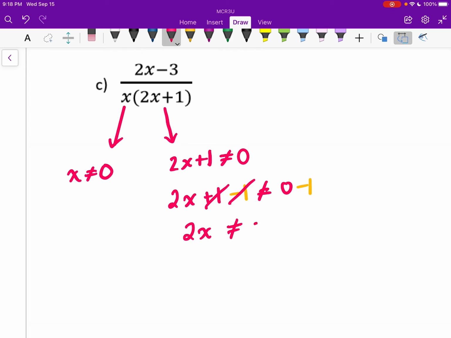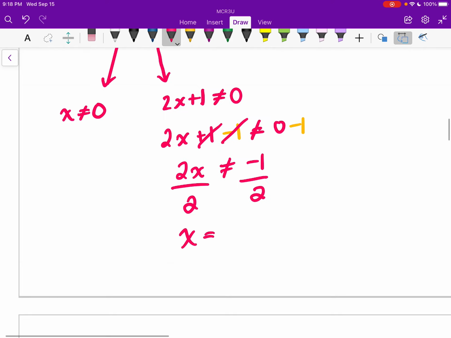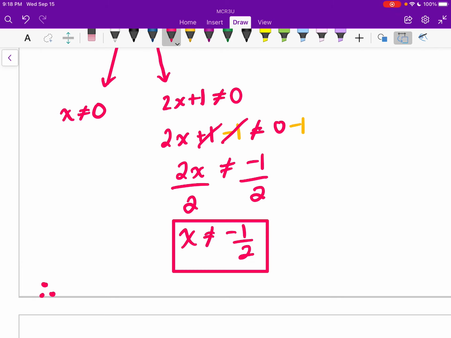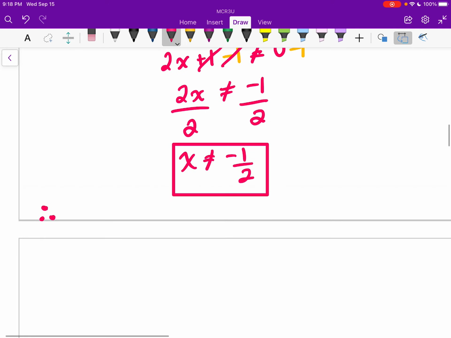Now I want to get rid of the 2, so I divide both sides by 2. x cannot equal negative 1 over 2. Therefore, the restrictions for this denominator are such that x cannot equal negative 1 over 2 or 0, because if x is any of those, the bottom will equal 0.